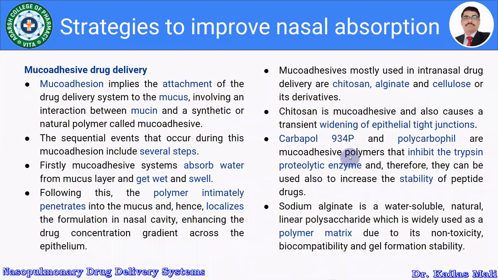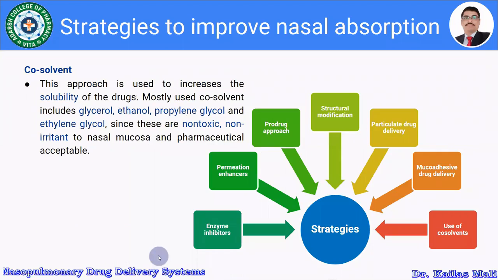Last approach is the co-solvent. Co-solvents increase the solubility of the drug. Generally, we use glycerol, ethanol, propylene glycol, and ethylene glycol, as all these co-solvents are non-toxic, non-irritant to nasal mucosa, and pharmaceutically acceptable.